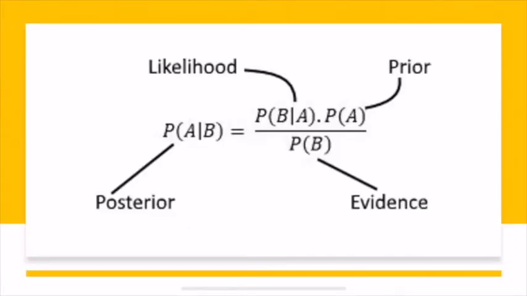Okay, so if we look at what this means in clinical terms, this is a more helpful way of looking at it. So here, what we're looking for is the posterior probability, the post-test probability, okay? And that is after we've obtained our testing, what does that mean about the probability of the person having the disease?